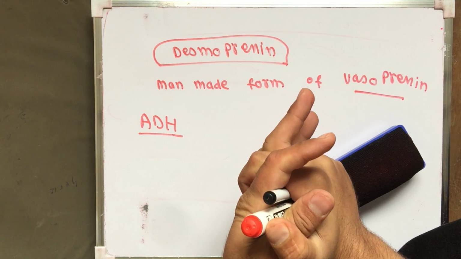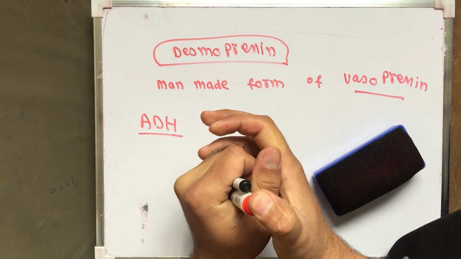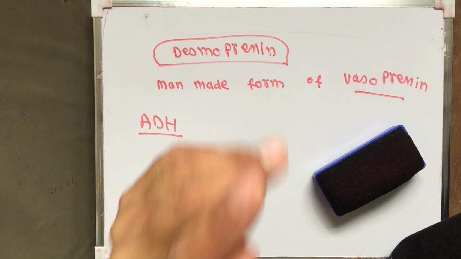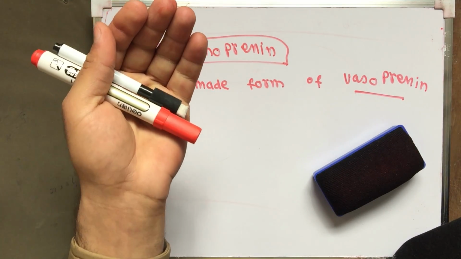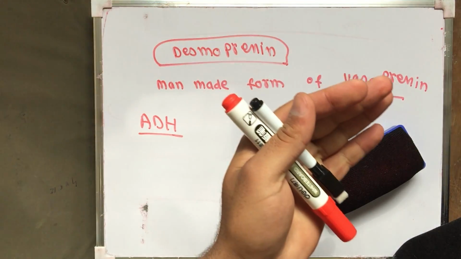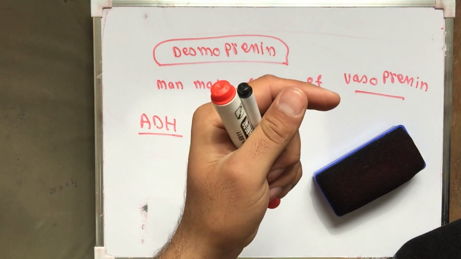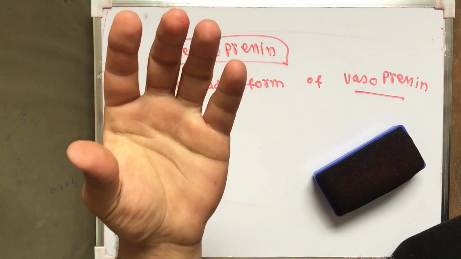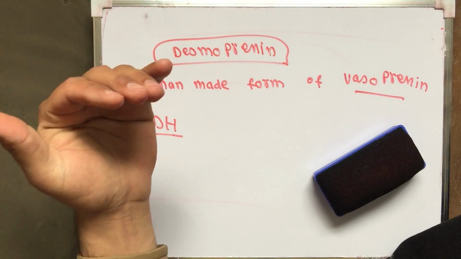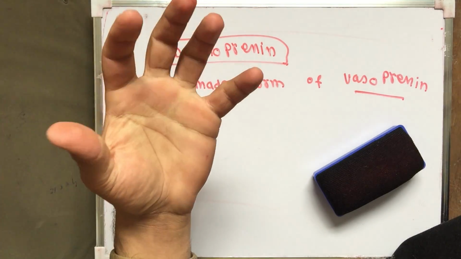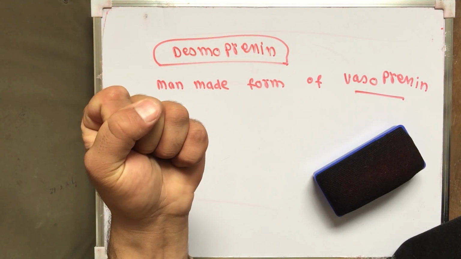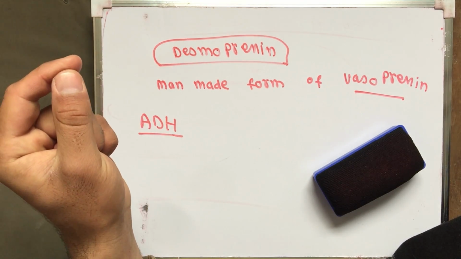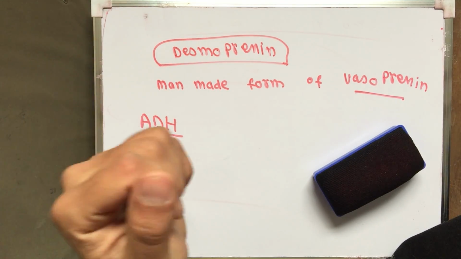That antidiuretic hormone is not produced, because here the nephron is normal. If desmopressin is present, normal reabsorption will take place. So if by using desmopressin the condition of diabetes insipidus comes to normal and urine slightly becomes concentrated, the problem is with the release of antidiuretic hormone, and this is cranial diabetes insipidus.